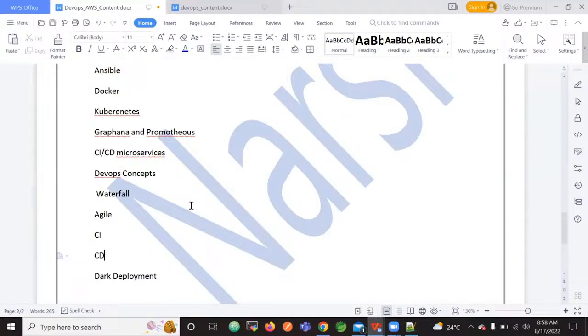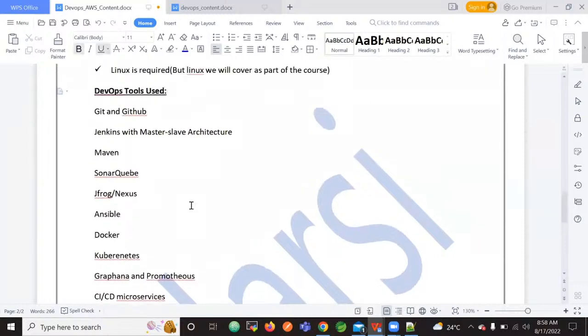In this CD, we'll discuss these things like dark deployment, blue-green deployment. Dark deployment is the concept followed nowadays, even now, by Facebook since 2011. So these are all the concepts that we will use in our CI/CD pipeline in our DevOps course.